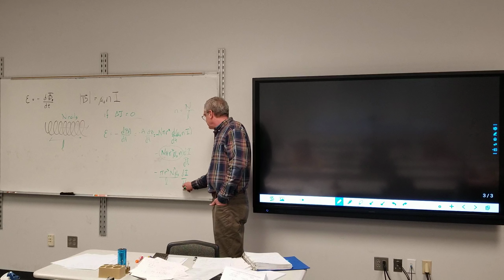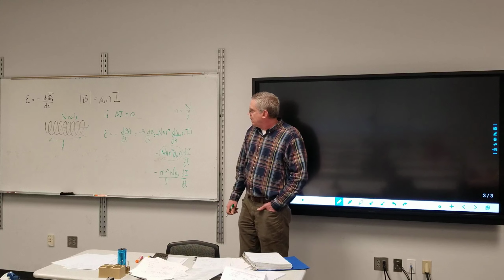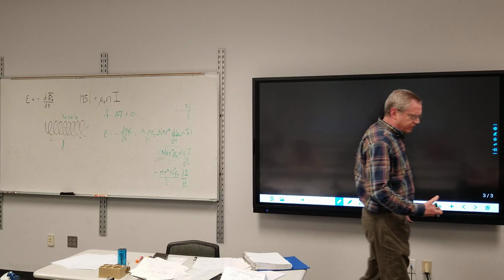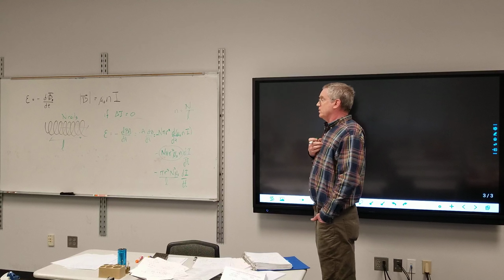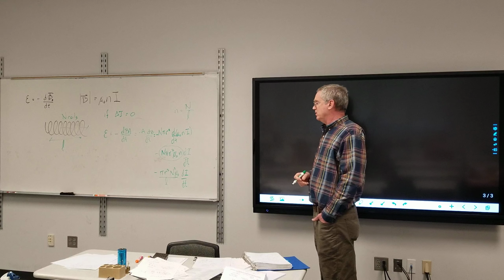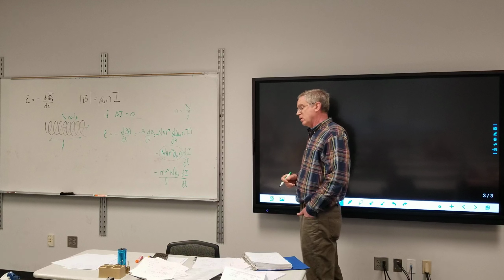So this would be the potential difference as you're going across this set of coils. There's no resistance in this set of coils. This is a nice ideal inductor. This is called an inductor.